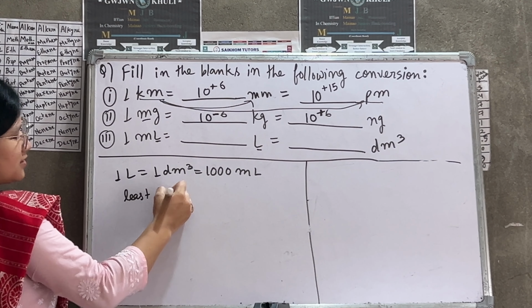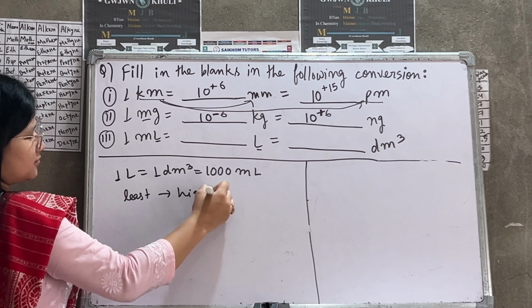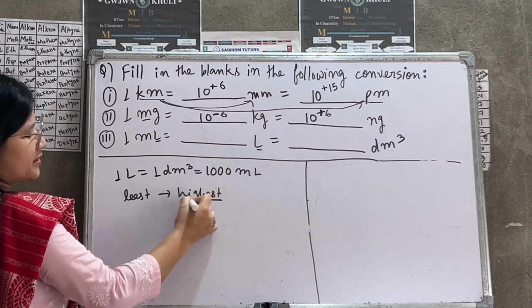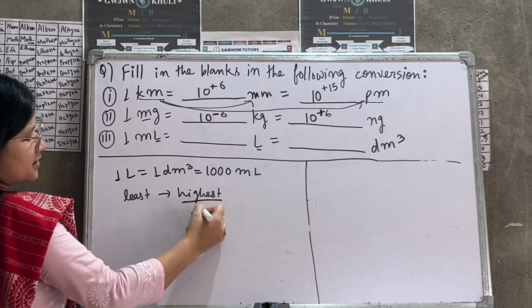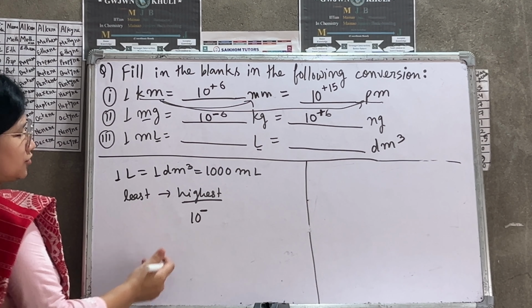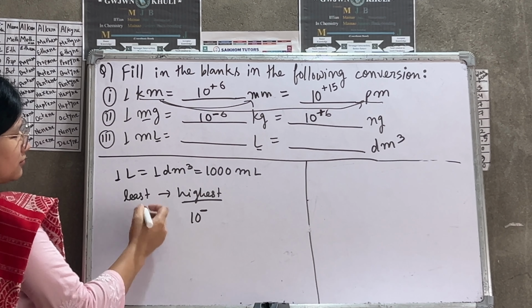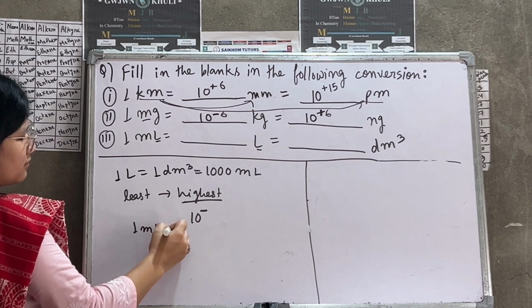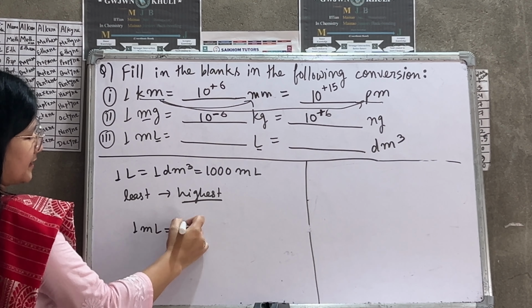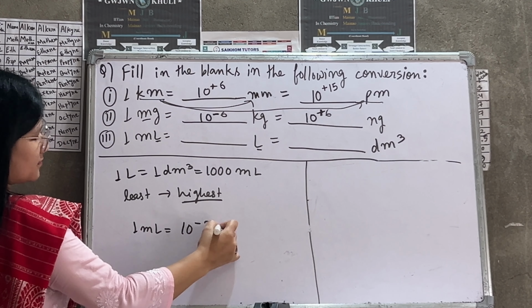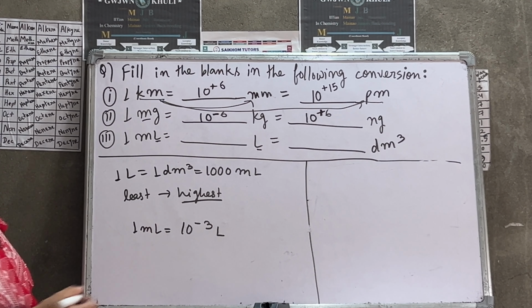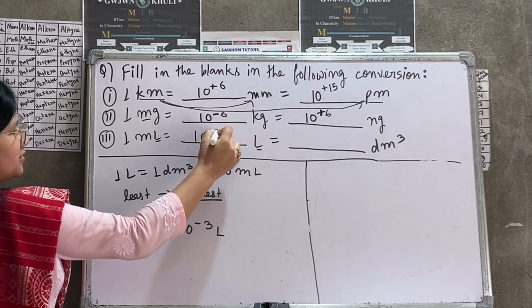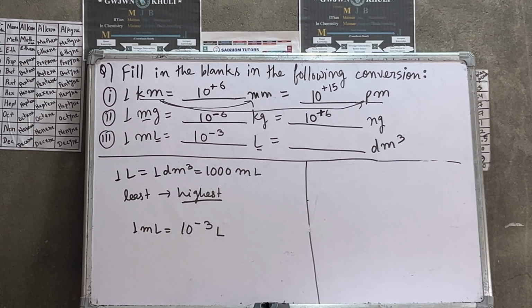Least to highest conversion. So for the highest conversion there is 10 to the power, and it should be negative. So what should be the value? 1 ml equals 10 to the power minus 3 liter. Write down here 10 to the power minus 3 liter.